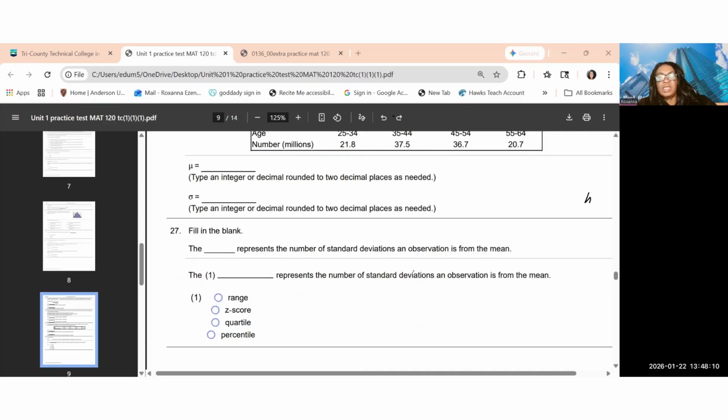So the total frequency is 21.8 plus 37.5 plus 36.7 plus 20.7.